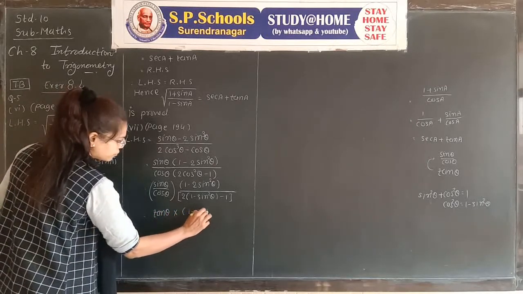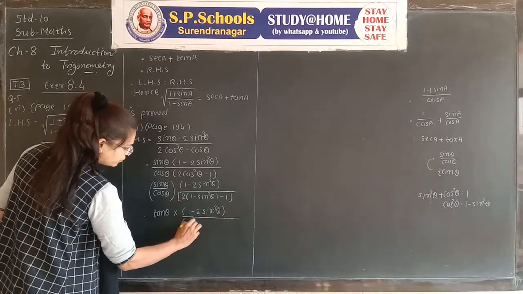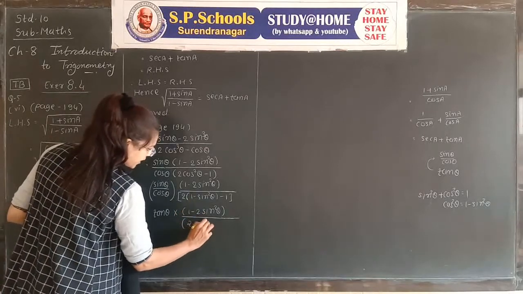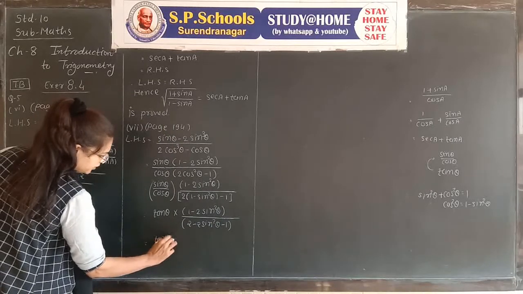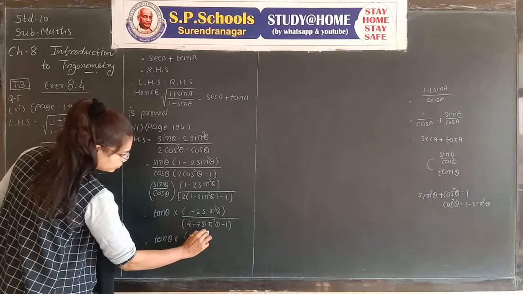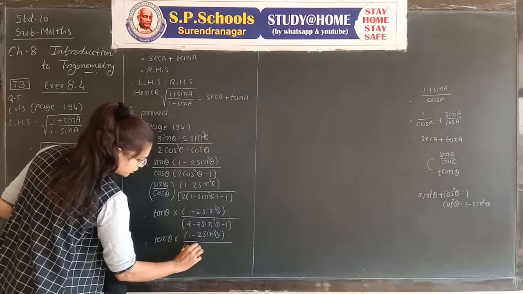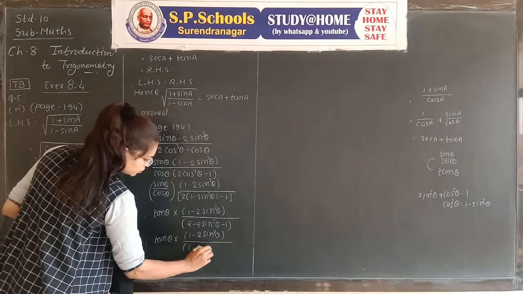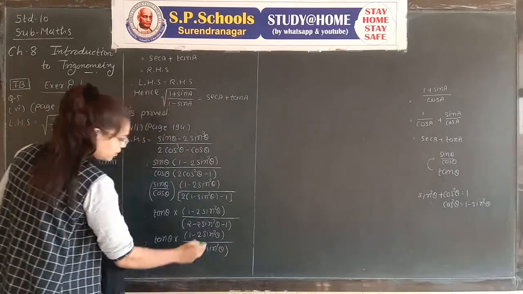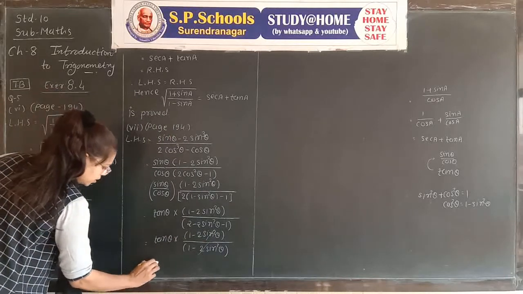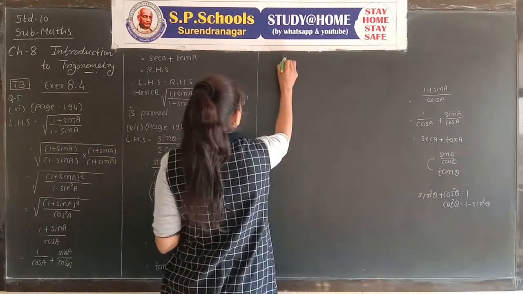Sin theta upon cos theta is equal to tan theta, which we required. Multiply 1 minus 2 sin square theta upon 2 into bracket: 2 times 1 is 2, minus 2 sin square theta, minus 1, is equal to tan theta into 1 minus 2 sin square theta upon 2 minus 1, which is 1 minus 2 sin square theta. Bracket is over. Now numerator and denominator are equal, and we get only tan theta, which is our right hand side.